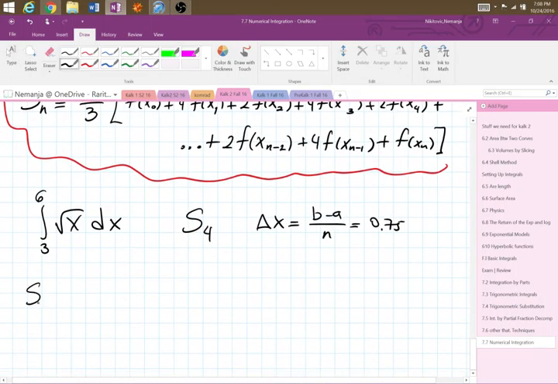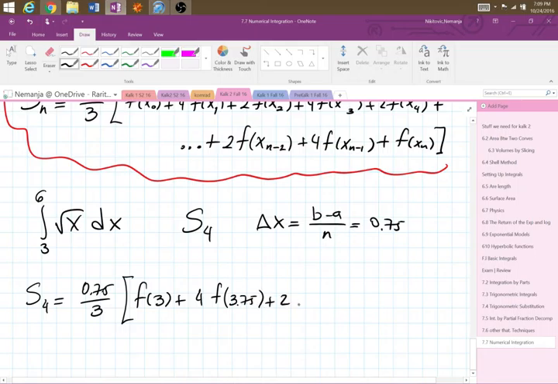We have S of 4 equal to delta x, which is 0.75 divided by 3, times f of x0, which is 3, plus 4 f of 3.75 plus 2 f of 4.5 plus 4 f of 5.25 and plus f at 6.